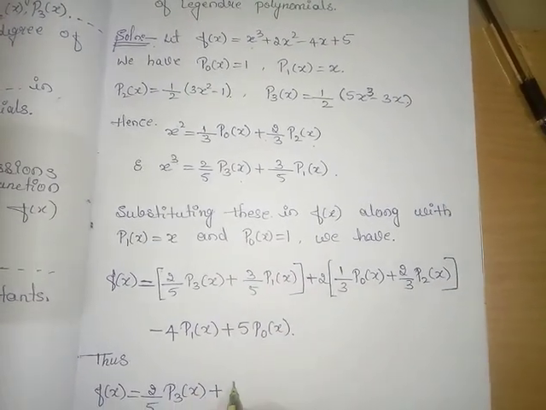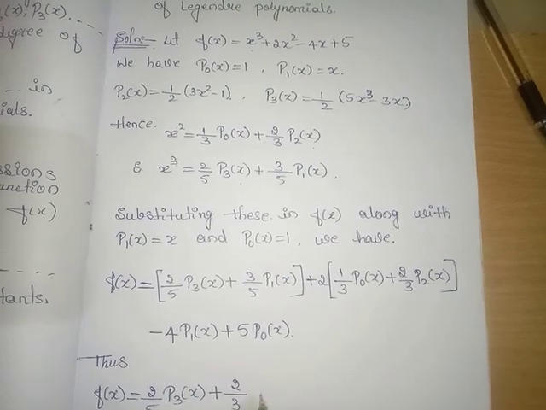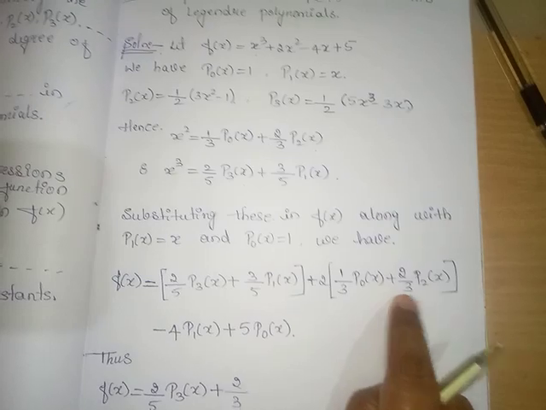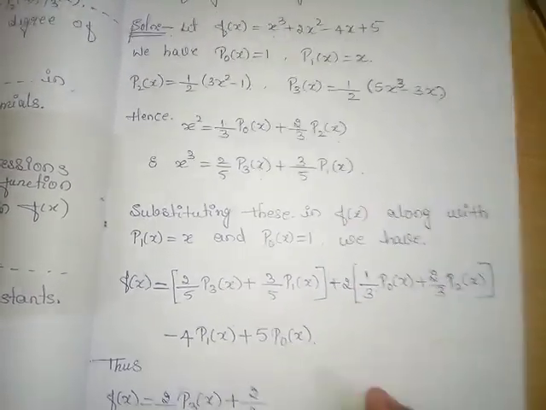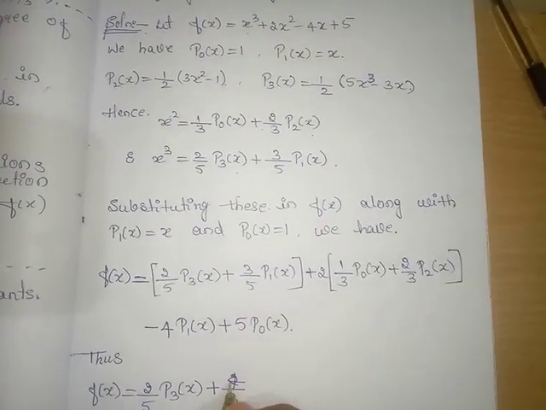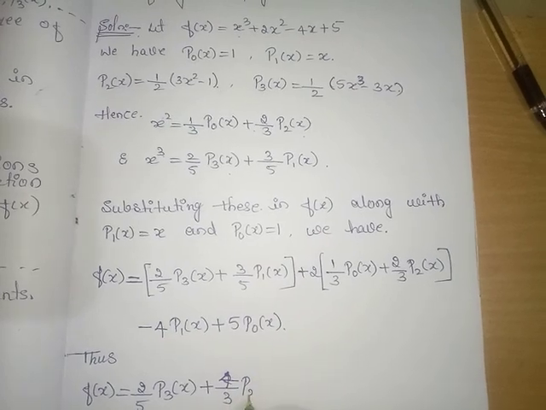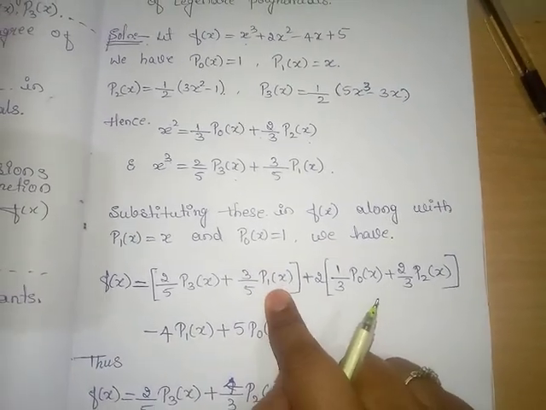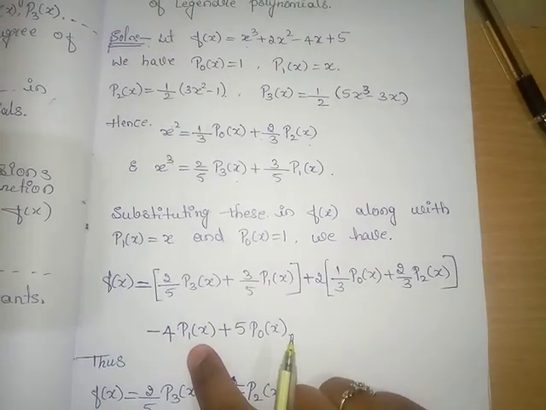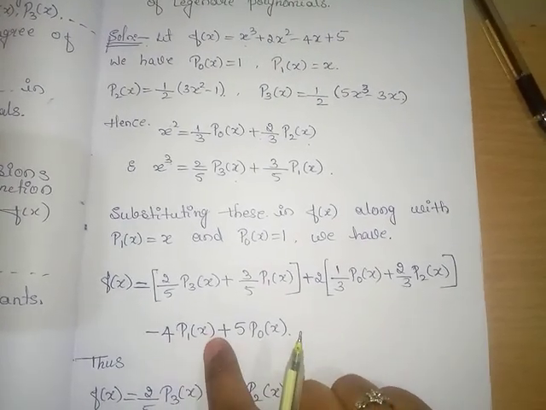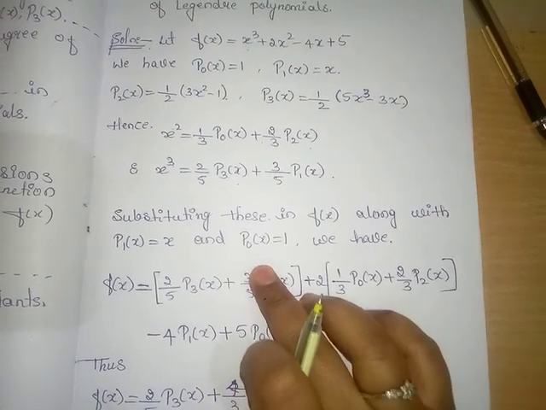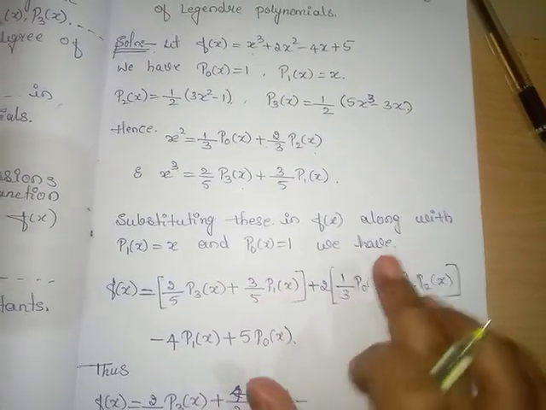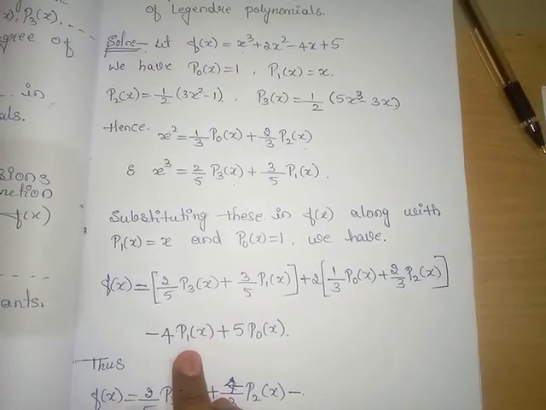Just rearrange the terms: 4 by 3 P2 of x, here 2 into 2 is 4, 4 by 3 P2 of x, then 3 by 5 P1 of x minus 4 P1 of x.